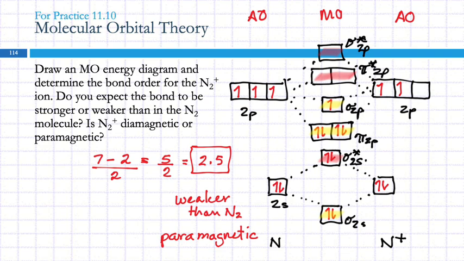O2 plus, right? It's missing 1. Each oxygen would have 6 normally. 6 and 6 is 12. We're missing 1, so it would be 11. And you would put your 11 electrons in here, and then calculate a bond order and look to see, do we have unpaired ones, or are they all paired up? Okay.